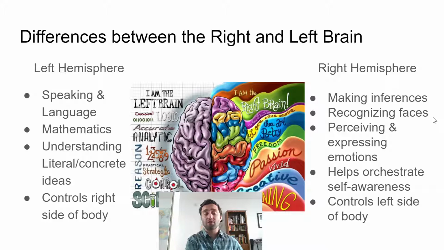Our left hemisphere is going to understand it as a literal, concrete thing, that something literally went over your head. Our right hemisphere is going to make the inference. It's going to read between the lines and understand that it's a figure of speech, and it means something else.